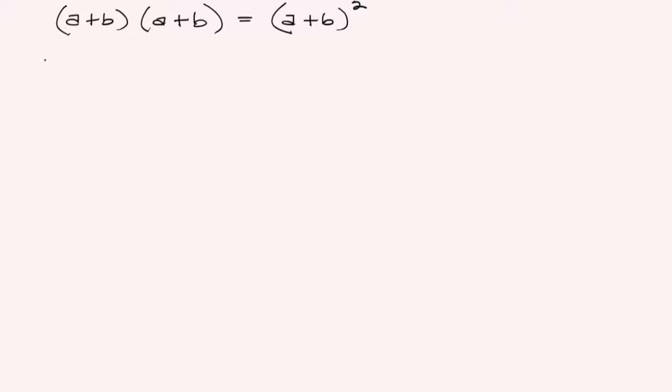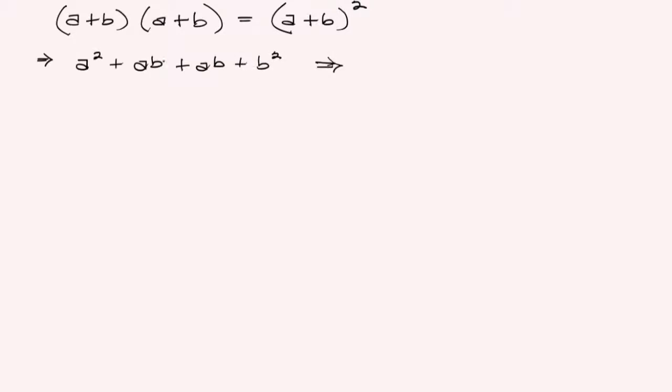Now, if you explicitly solve this, you would have that a multiplied by a is equal to a squared, a multiplied by b is equal to ab, b multiplied by a is equal to ab, and b multiplied by b is equal to b squared.